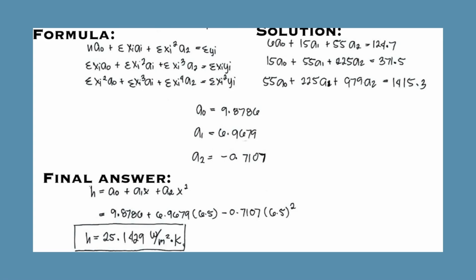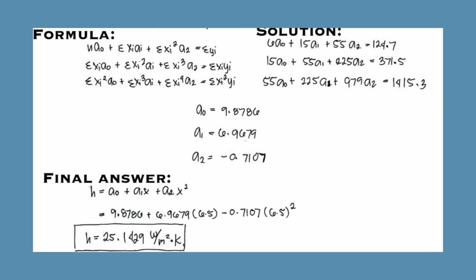After that, you can put in the numbers: 6 a sub 0 plus 15 a sub 1 plus 55 a sub 2 is equal to 124.7, and so on. After you put in all the equations, use the calculator to compute a sub 0, a sub 1, and a sub 2.